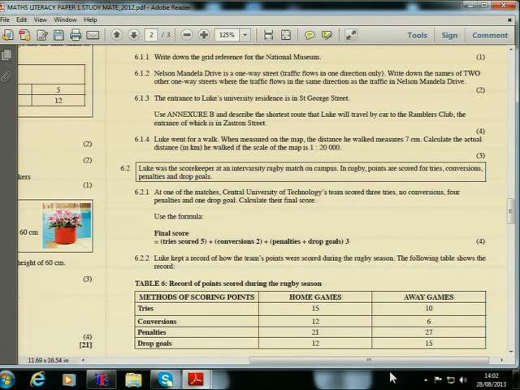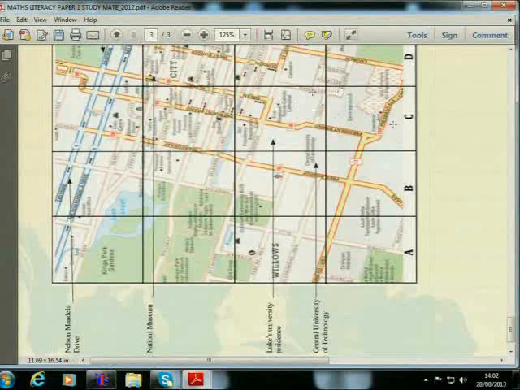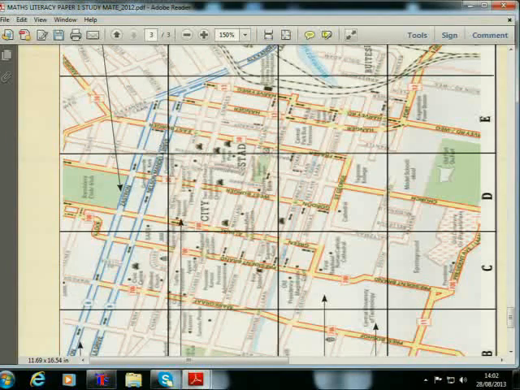So if we go to our map, maybe I need to zoom in. I don't know if you can see my cursor there. Nelson Mandela Drive is going in that direction, and it is more like a southwest direction. So we have to find two other streets that go in the same direction as Nelson Mandela Drive.